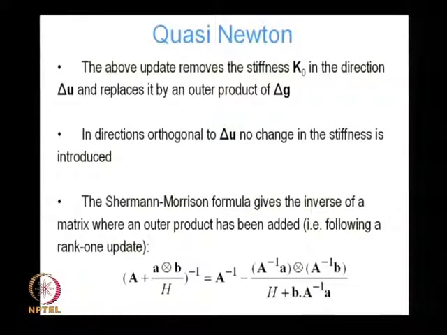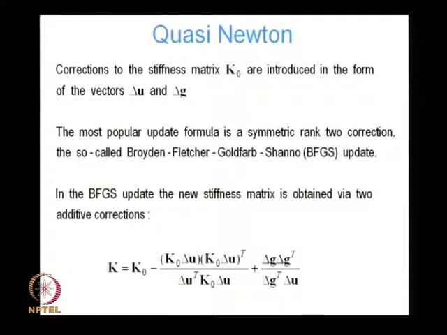Now, why does this update formula work? Well, one might ask, you are changing your original stiffness. This was your original stiffness. You are performing a rank 2 update. So, your new tangent stiffness is going to have a totally different inverse.